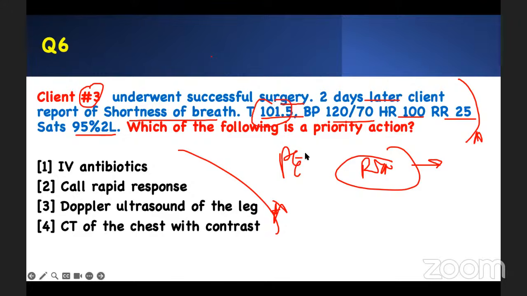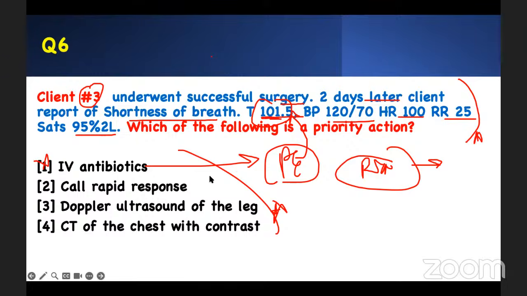When you have PE, you have a low-grade fever. You can get a fever of 101.5. It's possible for this patient. So he has PE. Antibiotic is not treating PE. Don't get distracted by the fever. If you tell me it's PE, then you shouldn't be looking at an antibiotic.